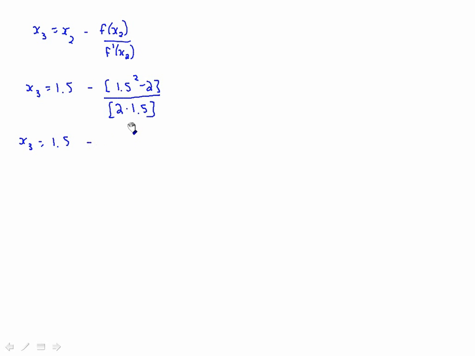This one isn't too bad, but 1.5 squared minus 2 is 0.25. So this can still go into your calculator pretty well. So you enter it that way, 1.5 minus 0.25 divided by 3. And you'll get x3 is equal to 1.4166, etc.